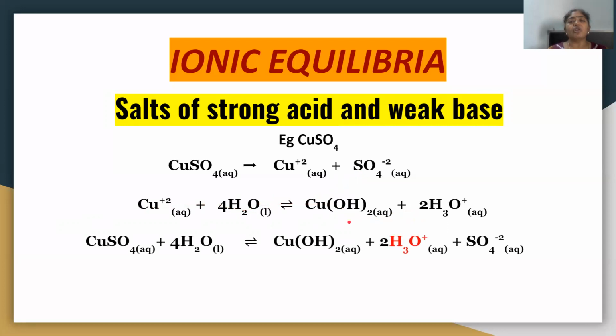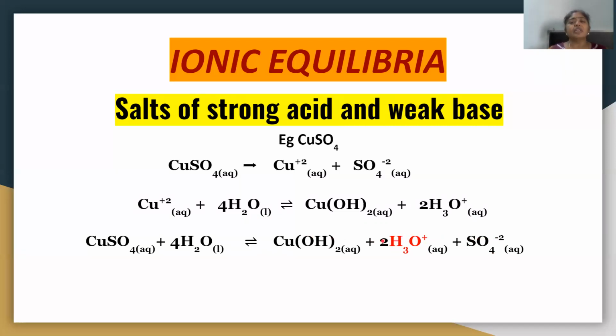So if you see the overall reaction, even if you consider the reaction of sulfate ions, you will see that finally in the solution, you will have sulfate ions and hydronium ions present separately. Reason: the H2SO4, which is formed by reaction of sulfate with H plus ions, will not remain as H2SO4. It will further undergo ionization. The H plus and sulfate ions will be formed. H plus will combine with water molecules to form hydronium ions and sulfate ions will remain separate.